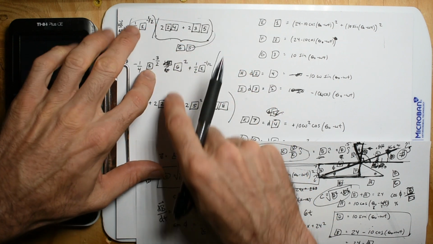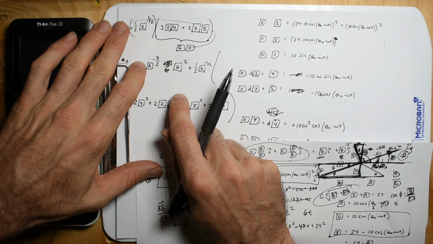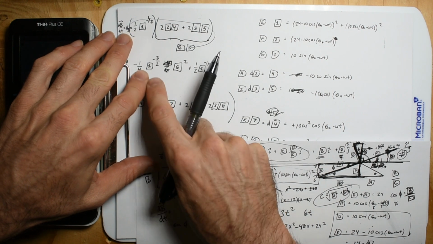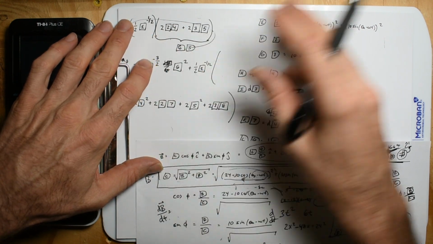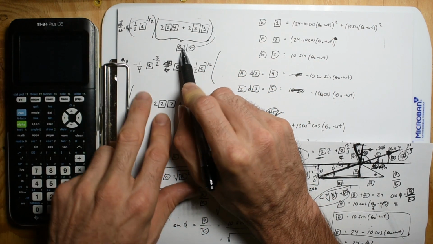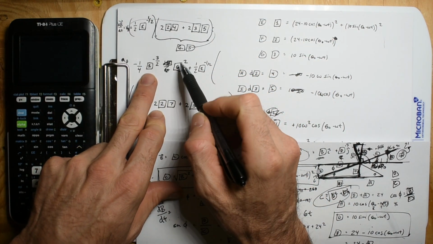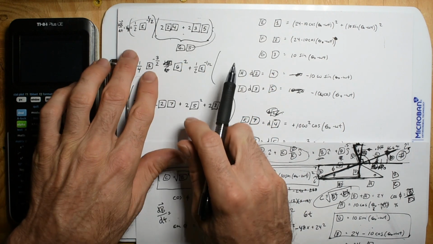That's the derivative of this, but then we have to multiply by the derivative of the inside. We just did that. The derivative of the inside is this thing, which I'm going to call 6. So we're going to have the derivative of this times 6, because we have to do that.